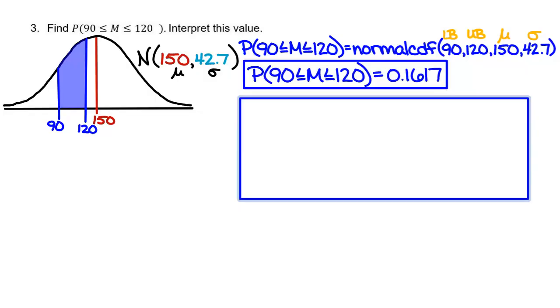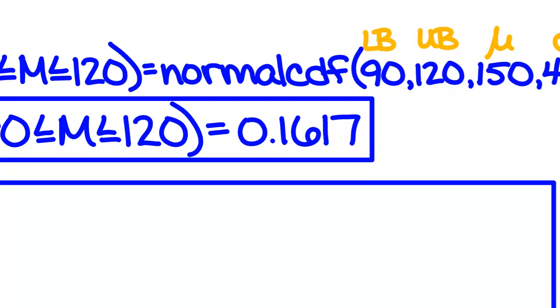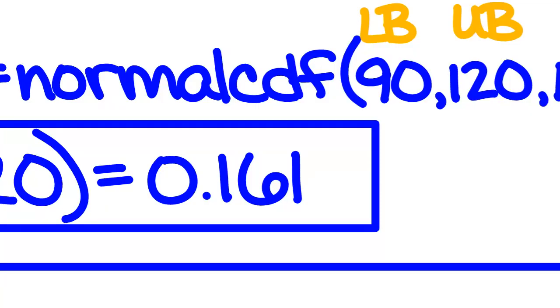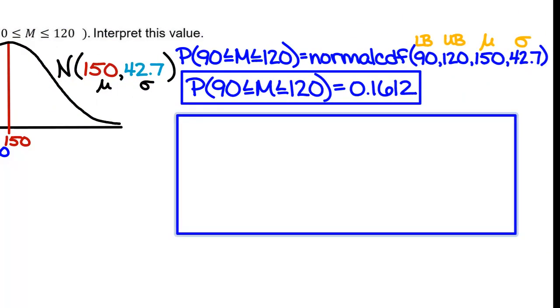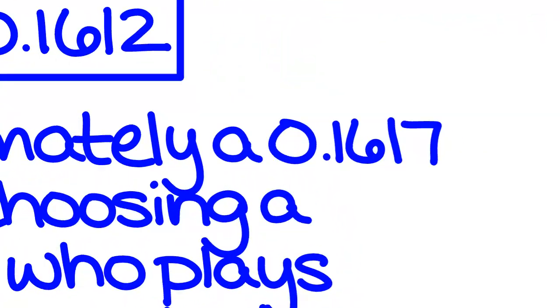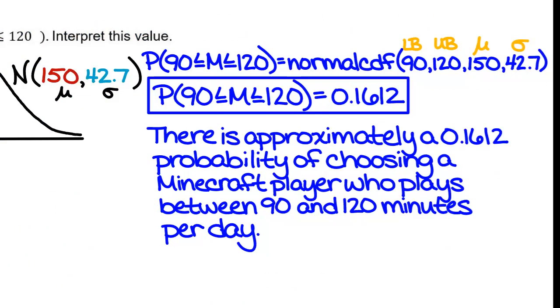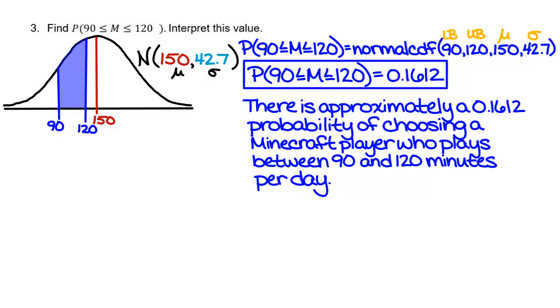It was 0.1612, so I should change that to 0.1612 if I'm going to round it out to 4 decimal places like I did. So let me fix that there. So there is approximately a 0.1612 probability of choosing a Minecraft player who plays between 90 and 120 minutes per day. Absolutely beautiful.